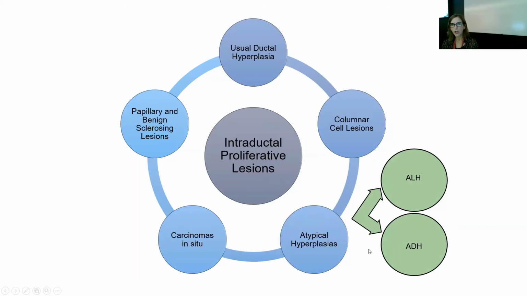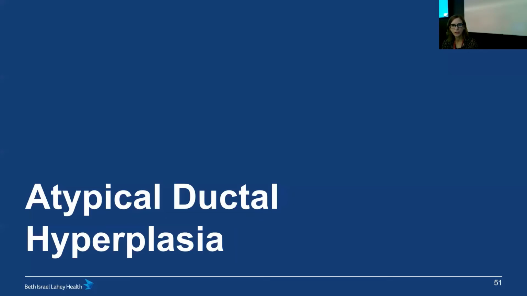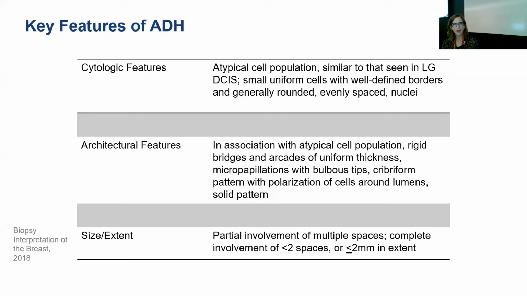So our atypical hyperplasias include ALH and ADH, so atypical lobular hyperplasia and atypical ductal hyperplasia. Let's begin with the key features of ADH. Cytologically, it's composed of an atypical cell population, similar to that seen in low-grade DCIS. So small uniform cells with well-defined borders and generally rounded, evenly spaced nuclei.